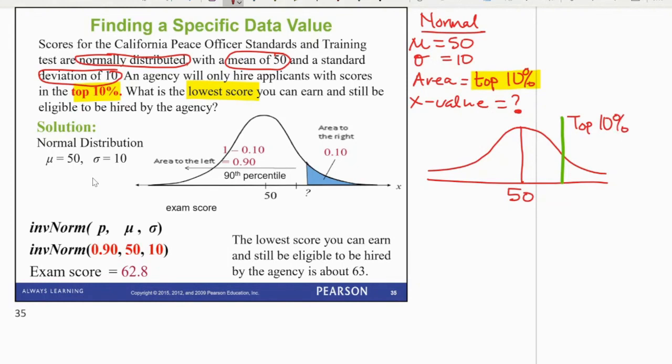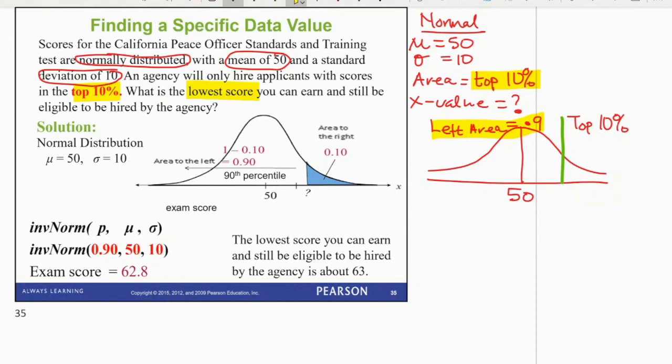Now, top 10% means a left area of what? Anyone? Amber? Top 10% means a left area of 90. Alex, that is correct. Thank you. So that will be 0.9, right? That will be 0.9. We are always looking for the left area.